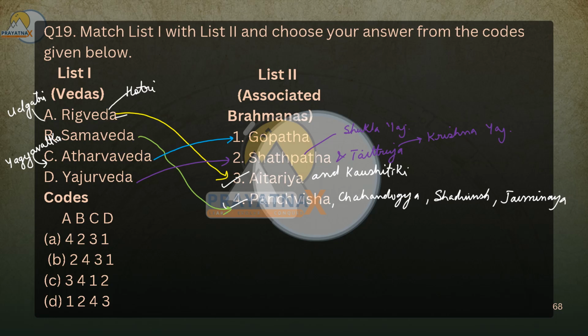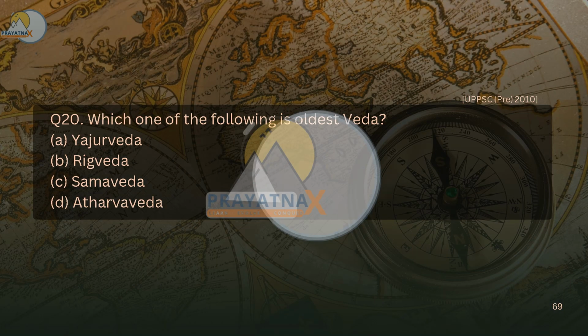So the correct answer for this would be A is related to number 3. So the correct answer for this would be number C. Moving on to the next question.